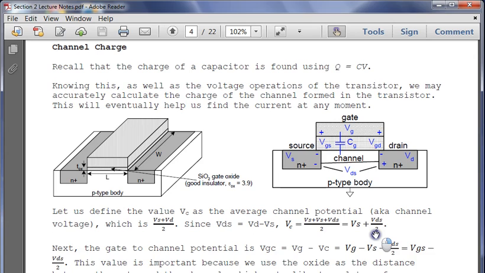So that becomes VG minus the channel voltage VC, and this is equal to VG minus VDS over 2. And we could also define VG minus VS as VGS, the gate-source voltage.